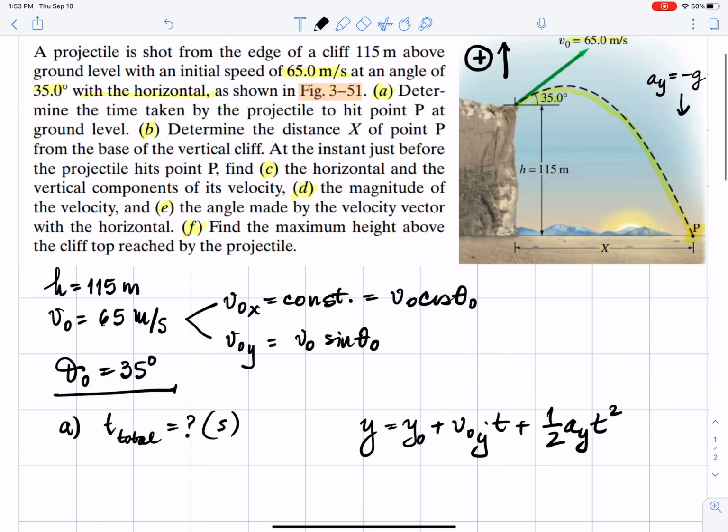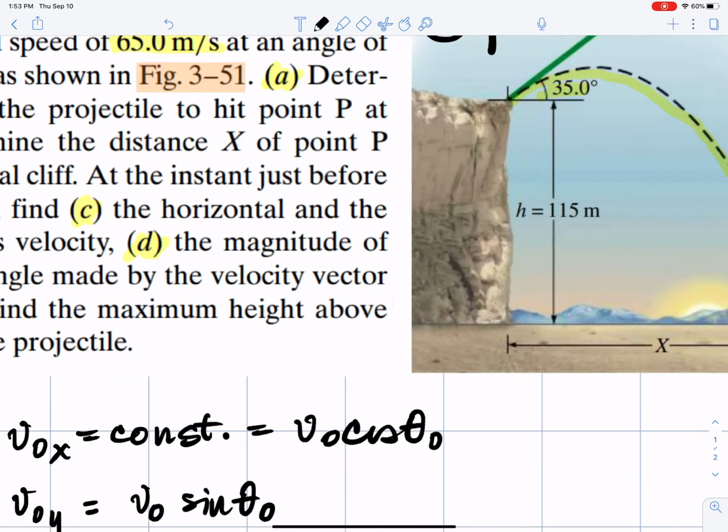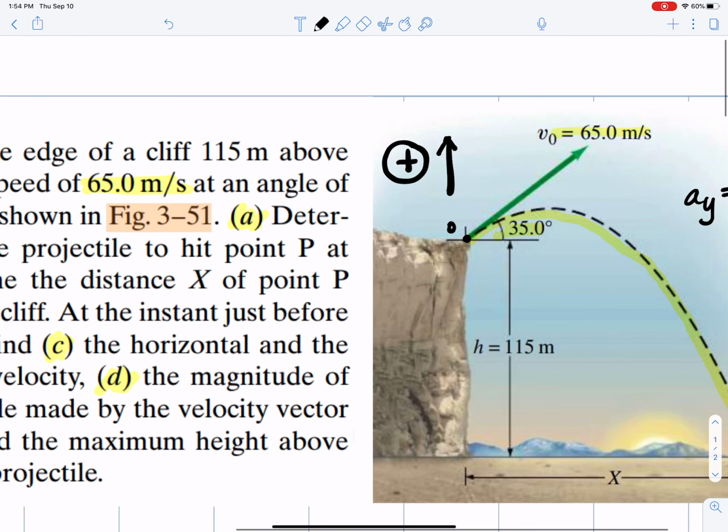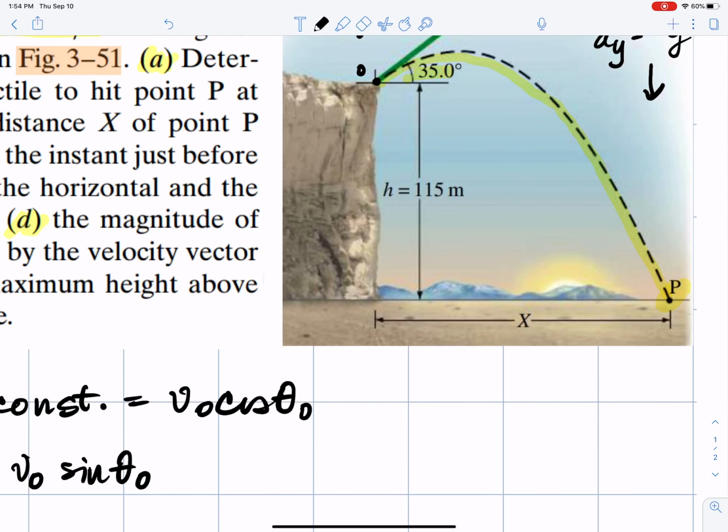When I talk about this equation, we want to consider the point of origin being this point right here. That's your point of origin, and the final point is point P. The difference between the two of them is nothing else but y minus y naught.